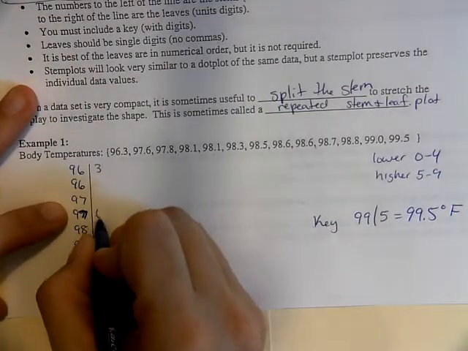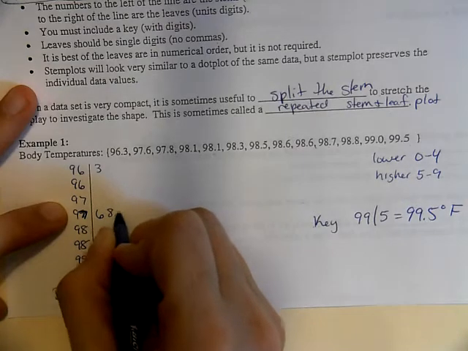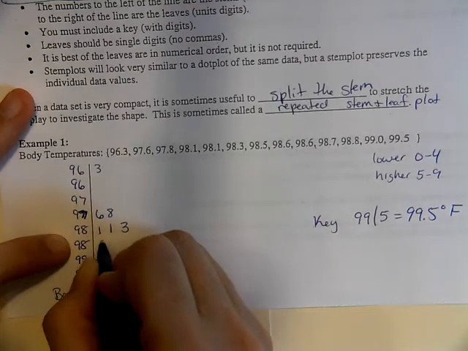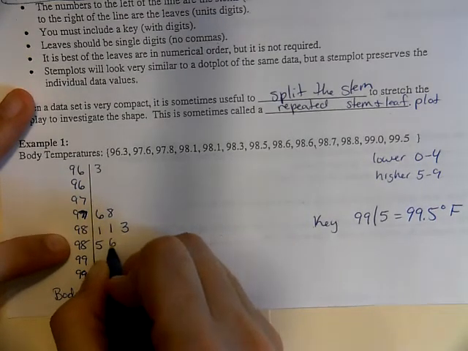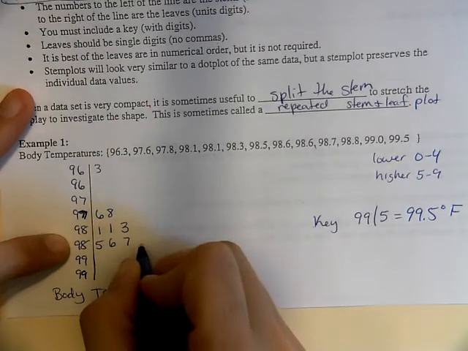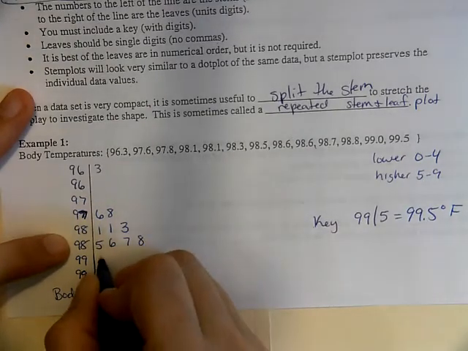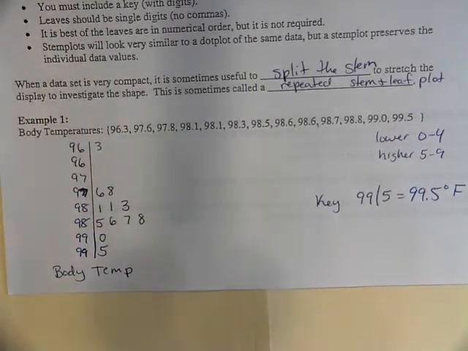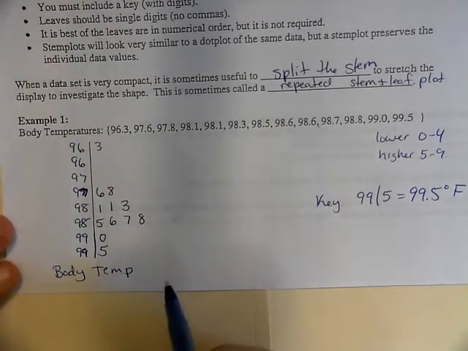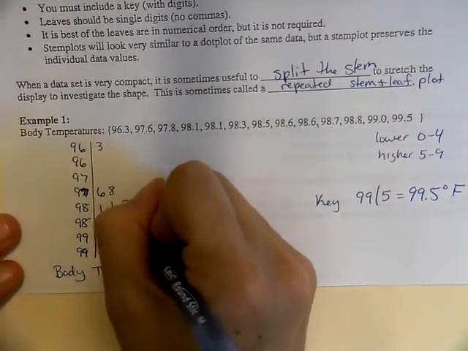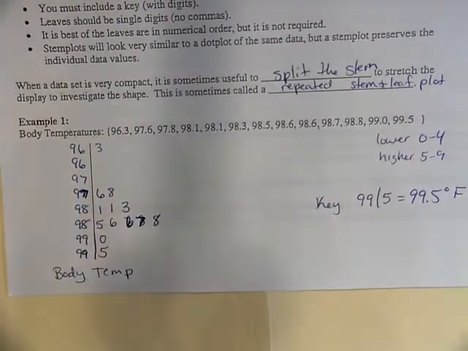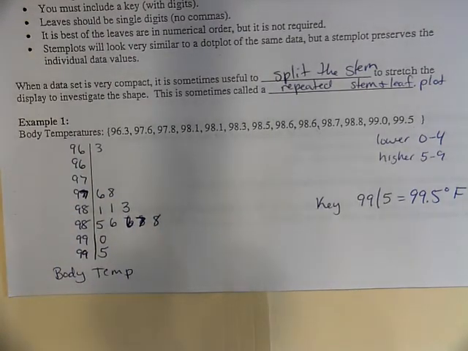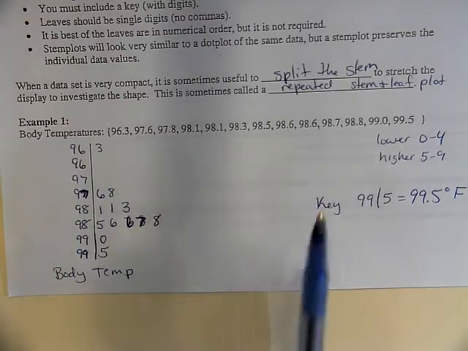So 97 will go up here, 97.8, 1, 1, 3, 5, 6, 7, 8, 0, 5. It just spreads it out a little bit more. I feel like I missed one. I did. It should be 6, 7, 8. There should be 5 there. So it just gives you a better idea, a little bit more spread out. But you really only need to do this if the numbers are really close together.